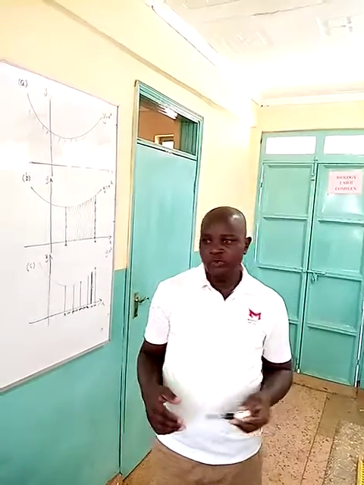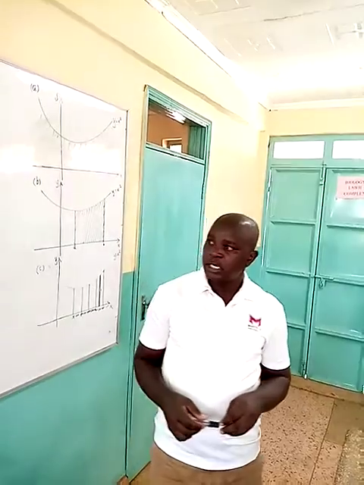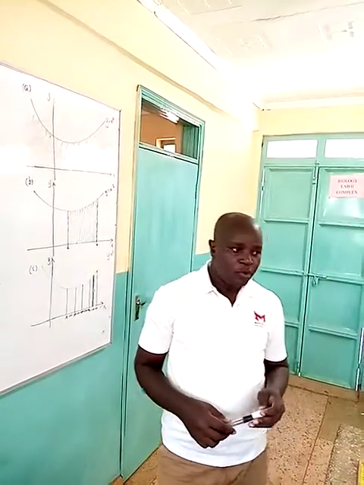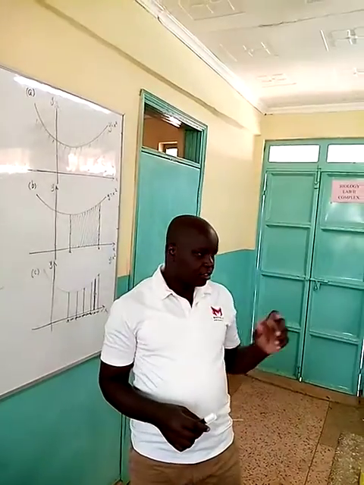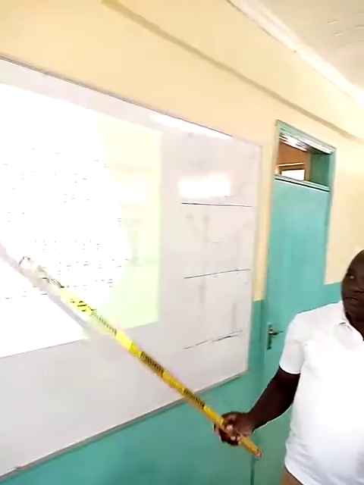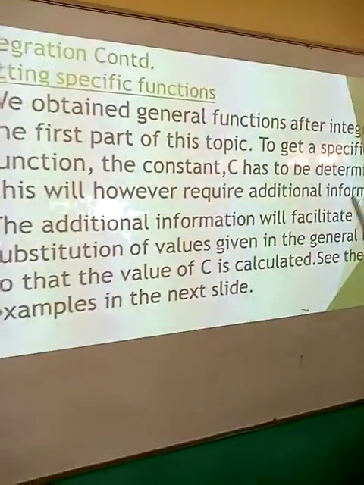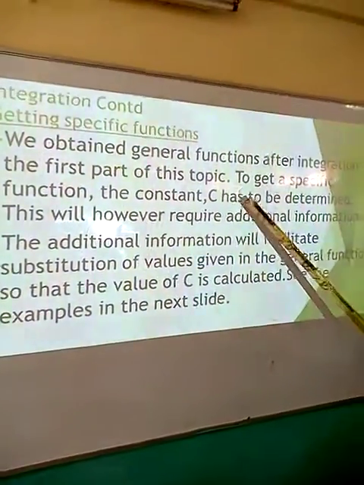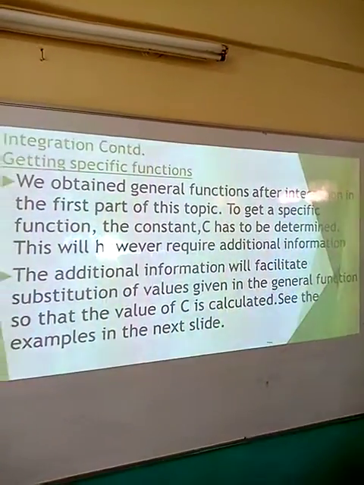So in all the cases we did in our first and the second topics, we would end up with a general function. A general function in the sense that the value of the constant c was never determined. It remained undetermined.